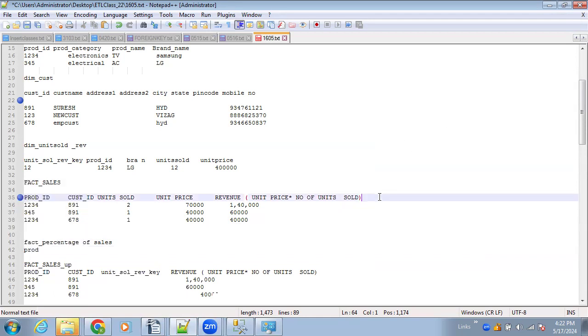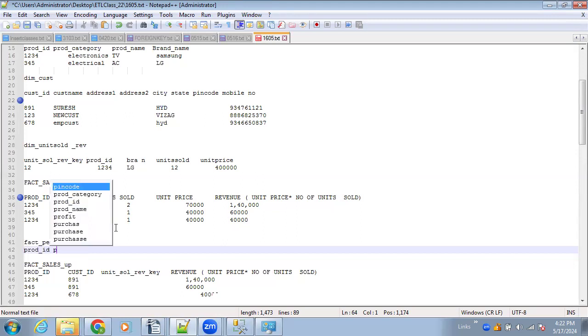Here only you can just mention the percentage of sales. If I want to maintain different sales percentages, then I maintain them in the percentage of sales table. So what is this percentage when you calculate?